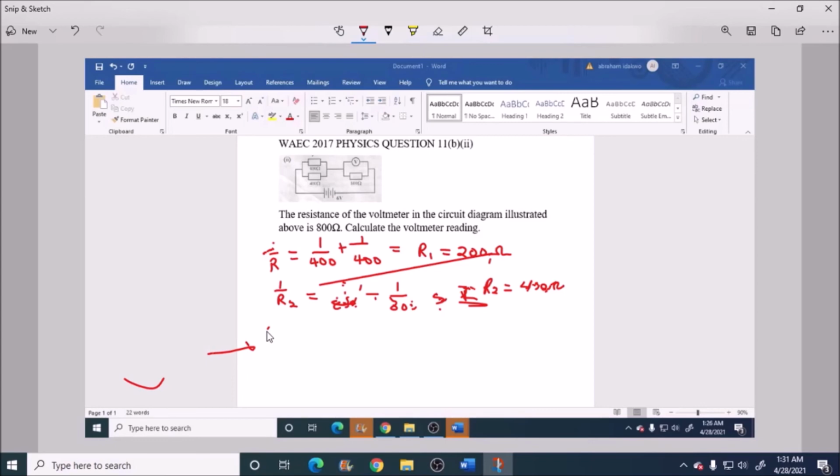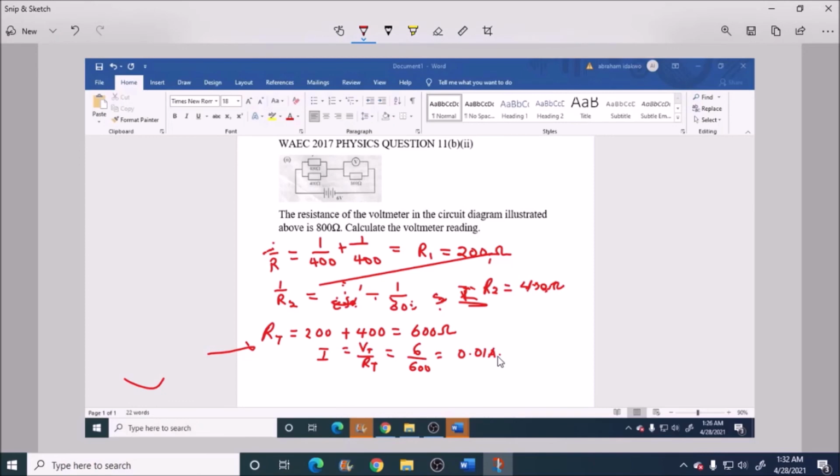Okay, now let's calculate the current that flows through the circuit, which is VT over RT, which is equal to 6, from the diagram the voltage is 6, over 600, which is equal to 0.01 amperes.